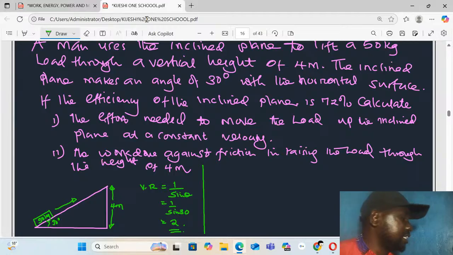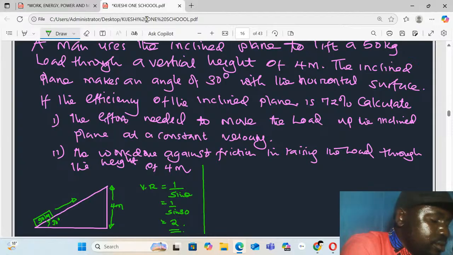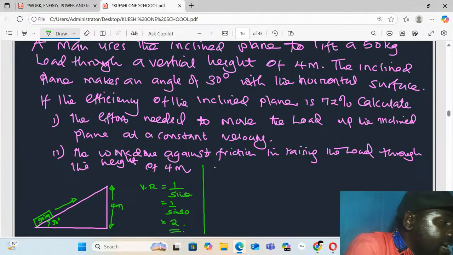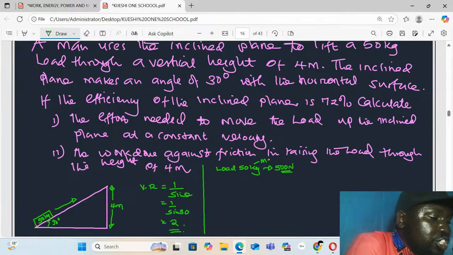So now the next thing, we need to analyze the question. We have a load of 50 kg, and this translates to 500 newtons through mg.